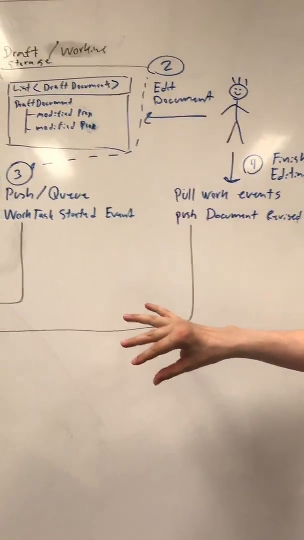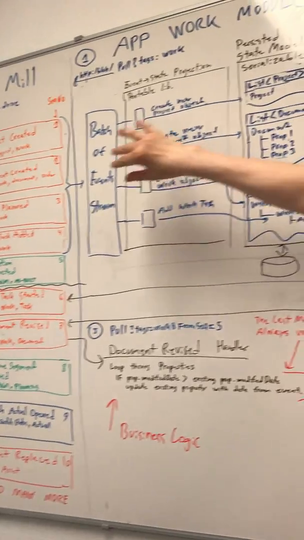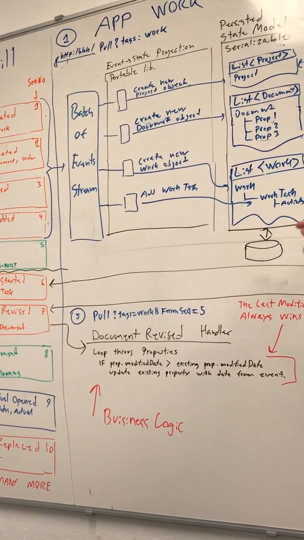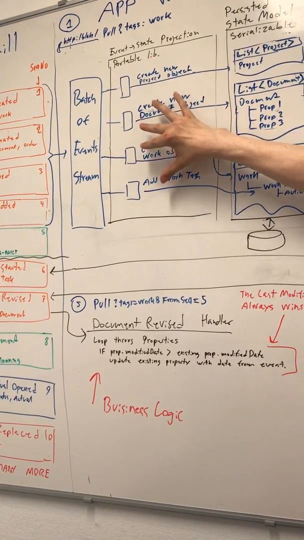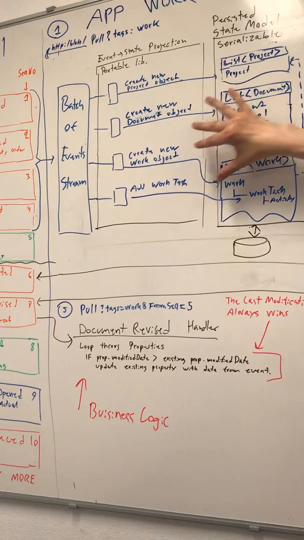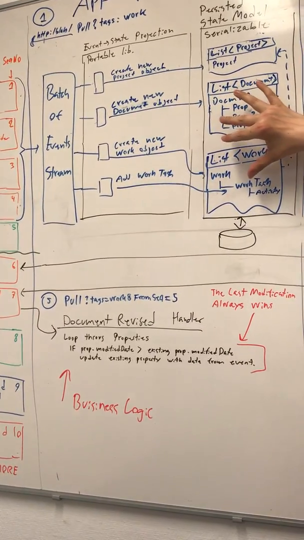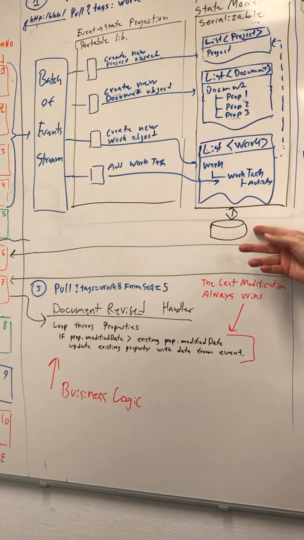In terms of the events, it's actually very, very simple. You have these event handlers that eat the events and convert them into some kind of state model. What's important is that you make this very portable and use interfaces here, so that we're not tied to a specific storage mechanism.